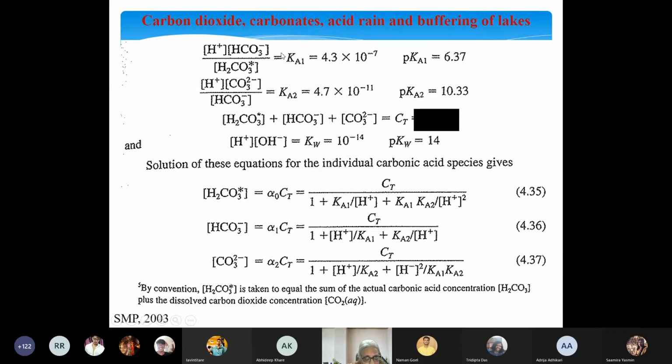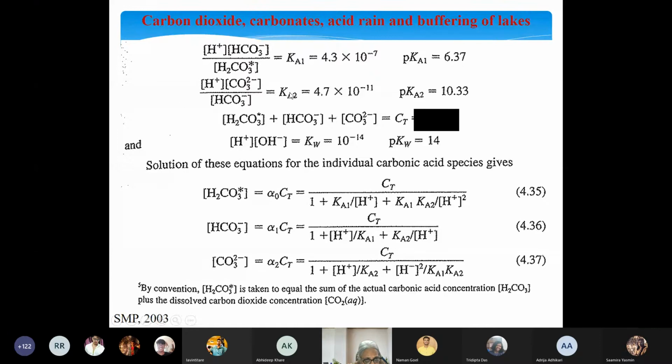The first deprotonation constant is Ka1. You can write it as pKa. I think you're all familiar with the fact that pKa is written just like pH. pH is the negative log of H+, and pKa is the negative log of Ka. So the pKa1 is 6.37. That's the first equilibrium constant.